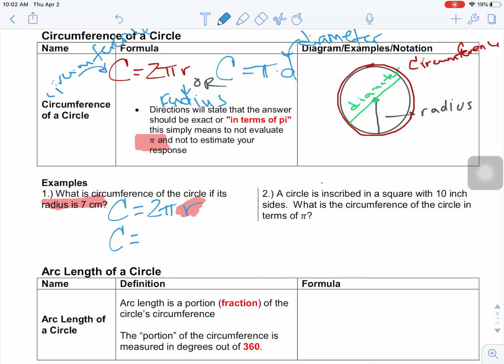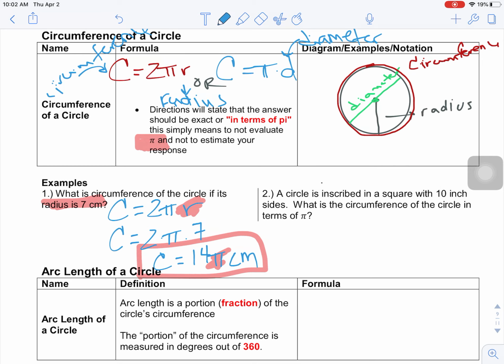So circumference is going to be equal to 2 times pi times 7. So this will give me 14 pi centimeters. Again, noting that we can leave our answers with the pi there, and that's the most exact value. And make sure you do not forget your units. So here we're talking about centimeters.